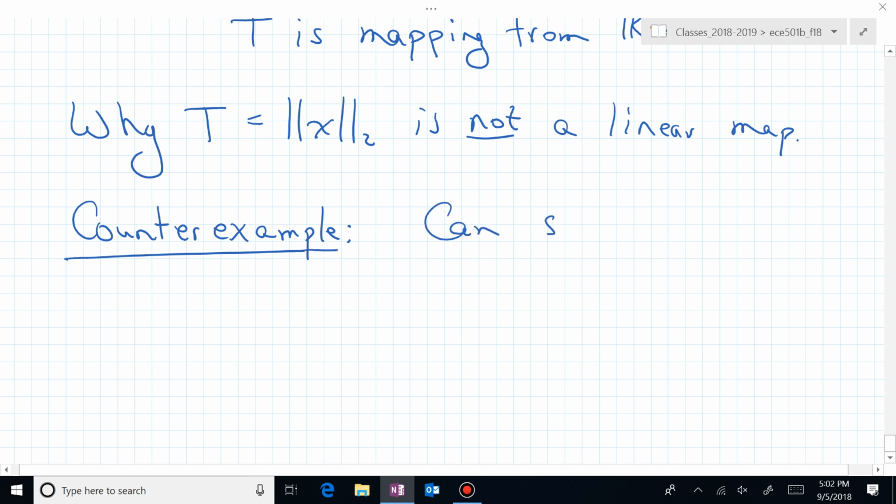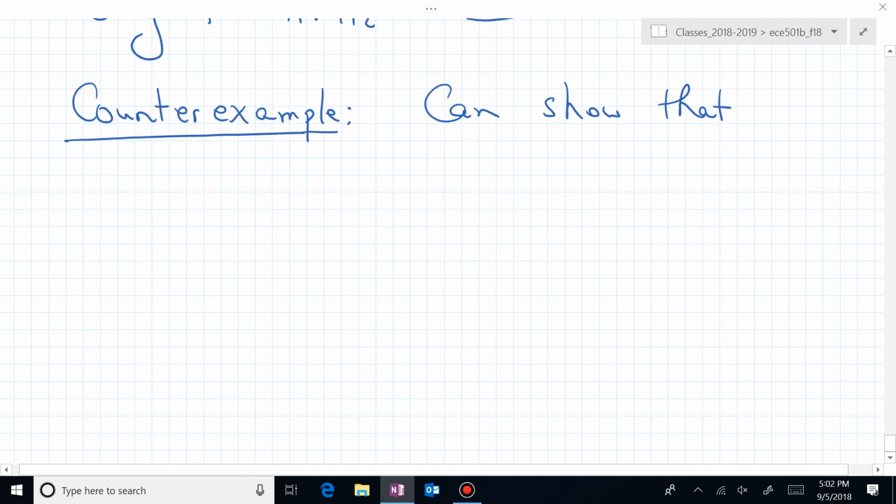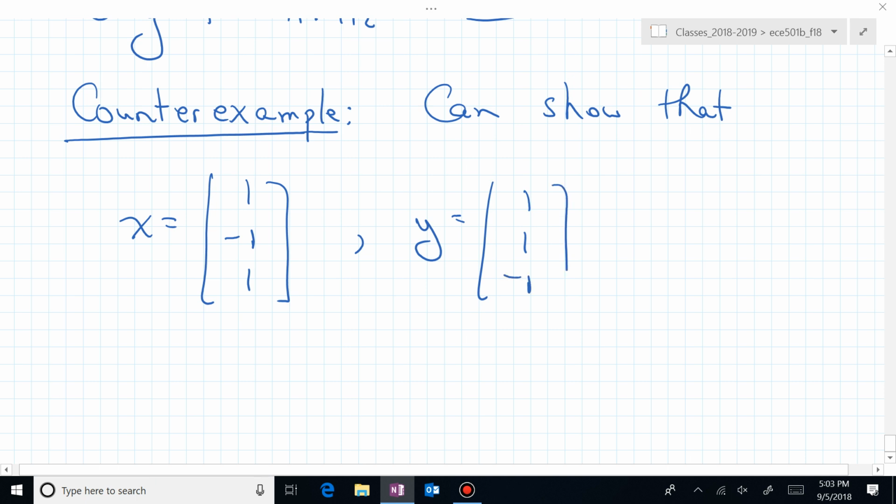We can actually show that, let's say x in 3 space, let's say it's now something that's easy to compute. x is 1, minus 1, 1, and let's say y is 1, 1, minus 1.